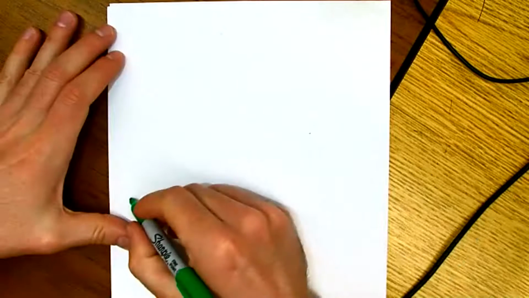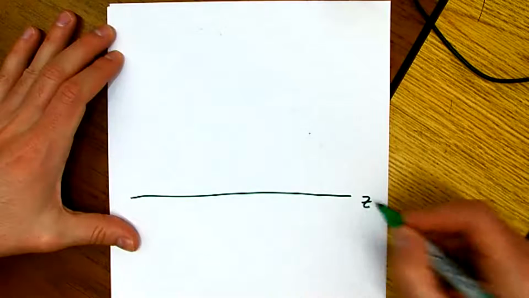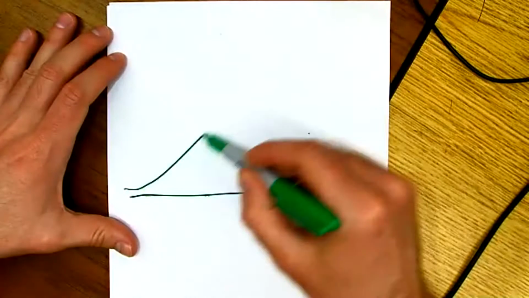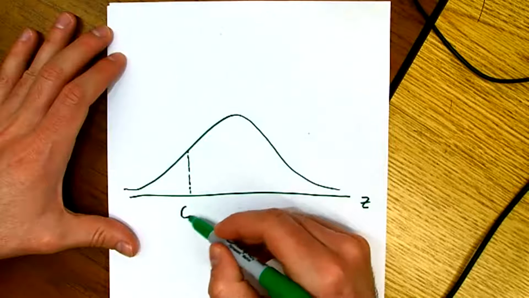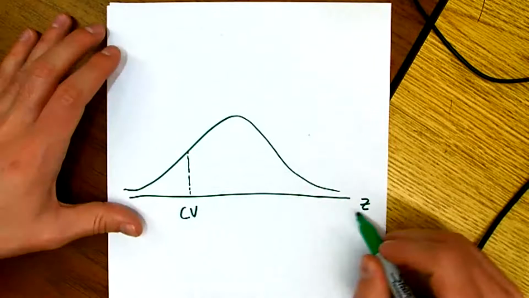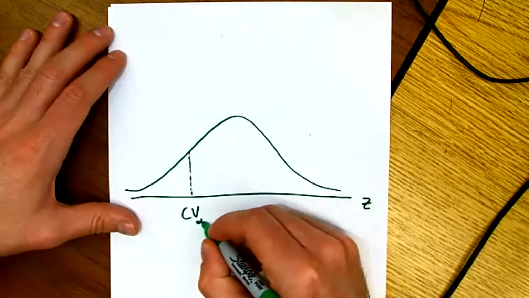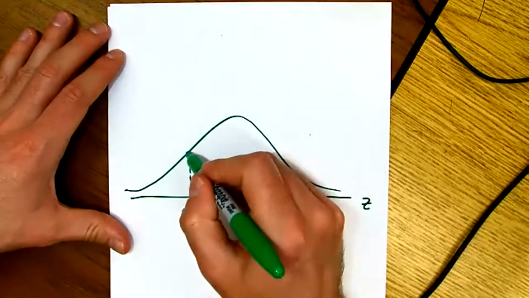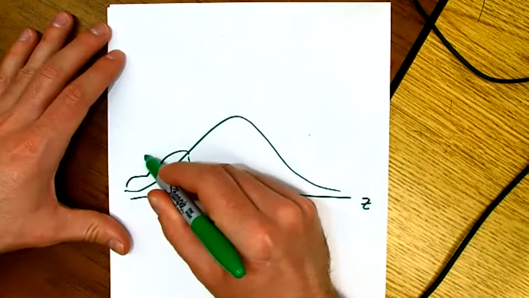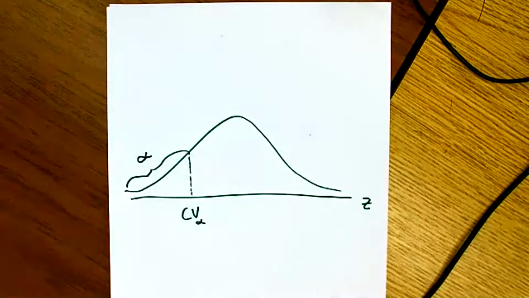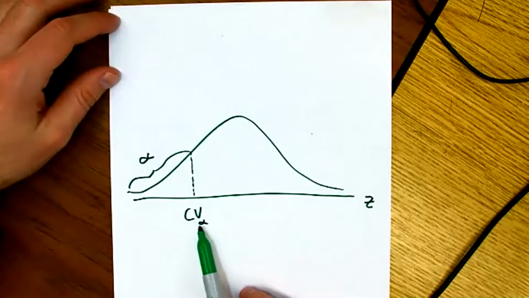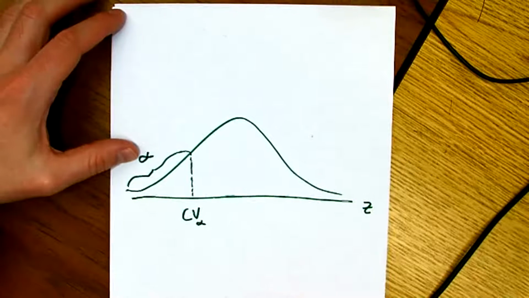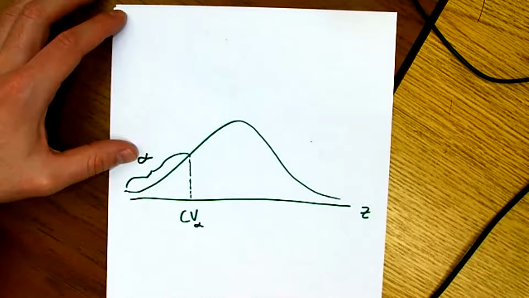So what a critical value is, if we think about the standard normal distribution, the critical value is going to be the z-value that gives me my type 1 error in the tail, right? So the critical value is a z-value that would give me the desired alpha, or the desired type 1 error, in my tail.